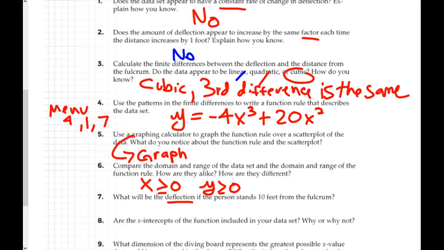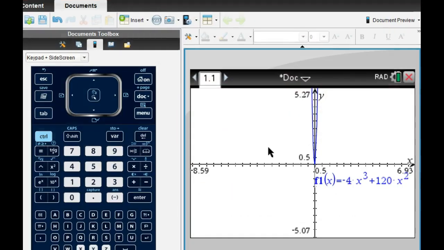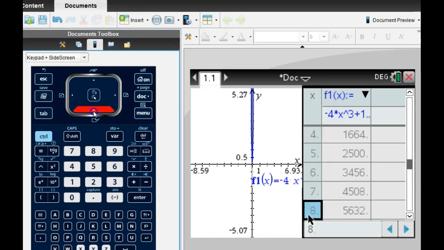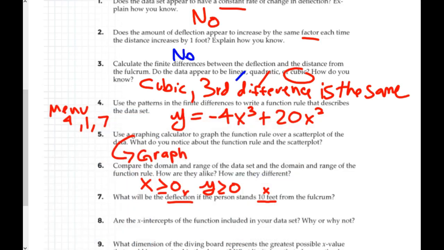Now they want to know what's the deflection. What's the y value if the person stands at the x value of 10? Let's do that. Control T. Let's look for 10. 8,000. So the answer we get is 8,000.